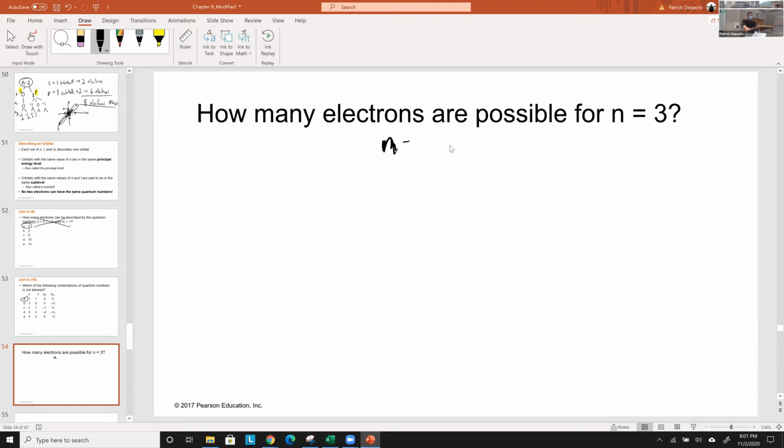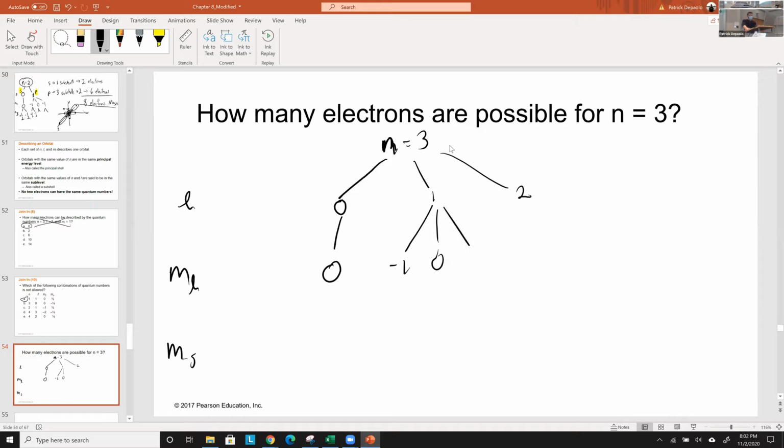We'll write l, ml, ms. So l could either be 0, 1, or 2. ml for 0 could only be 0. ml for 1 could be -1, 0, +1. ml for 2 could either be -2, -1, 0, +1, +2.